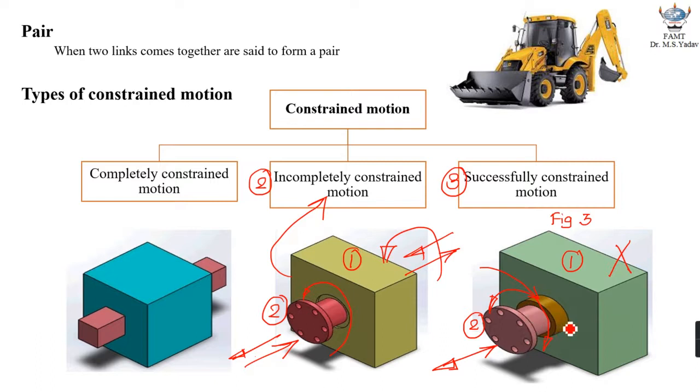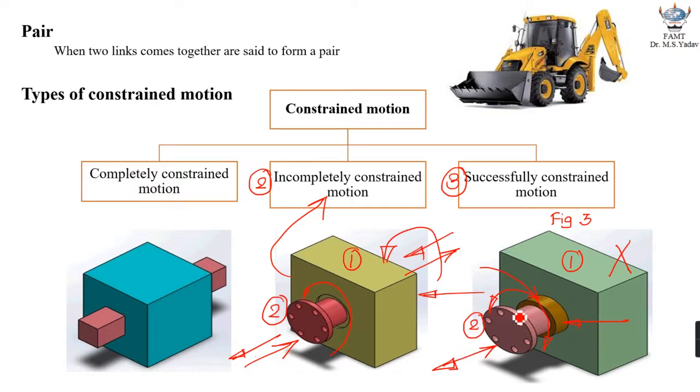But if I remove this collar, then it becomes an incompletely constrained motion. Why? Because in the absence of the collar, you can push it, pull it out, and you can turn it in clockwise or anti-clockwise direction. So depending upon the direction in which force is applied, the output motion will change.